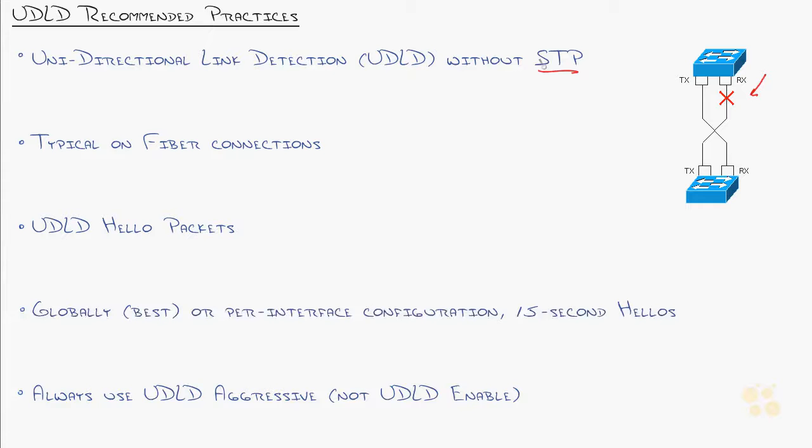So the beauty of spanning tree is it has this feature called loop guard, which allows you to say, you know what, if one side stops talking, that's not good. That means BPDUs should be sent. We should be talking to other switches. And if they stop sending BPDUs, then something's gone wrong.